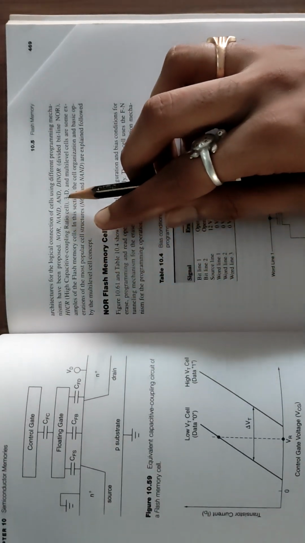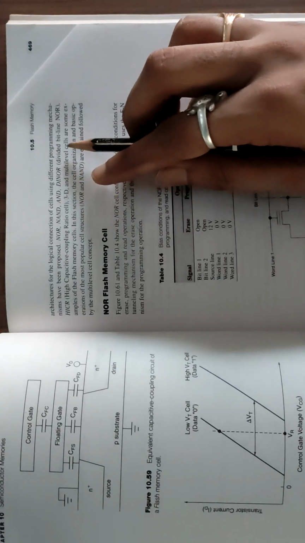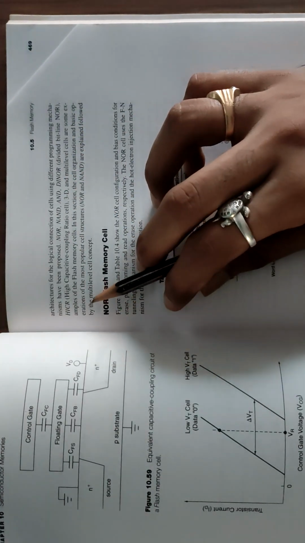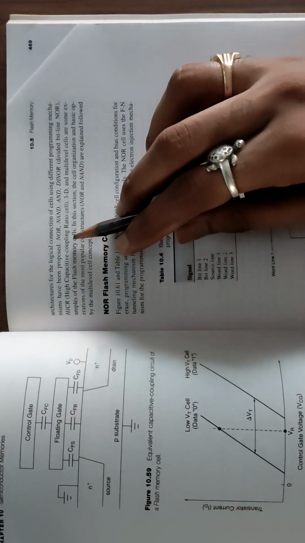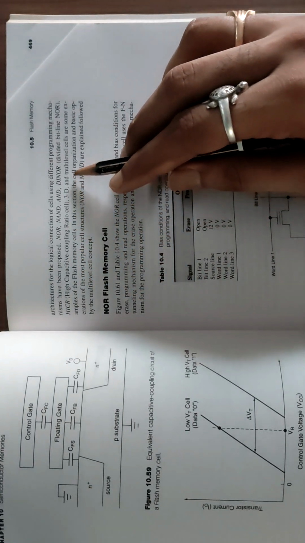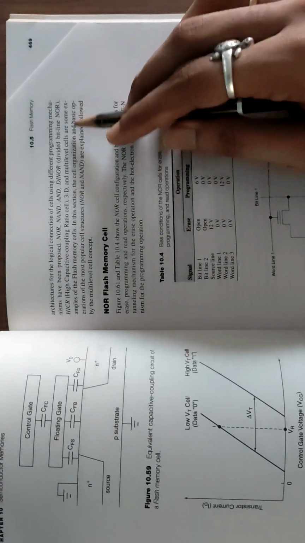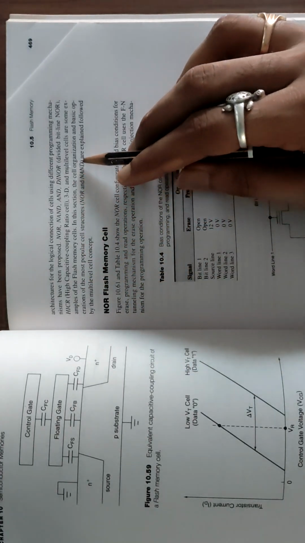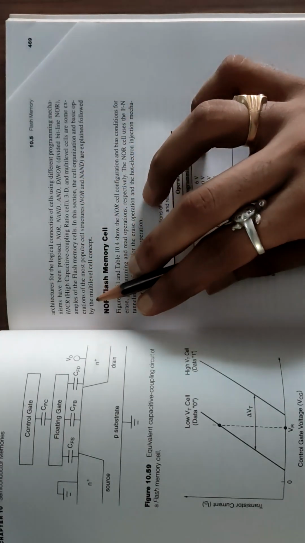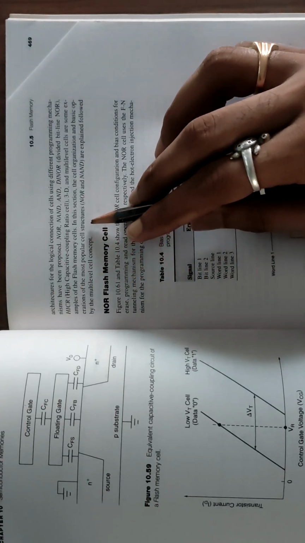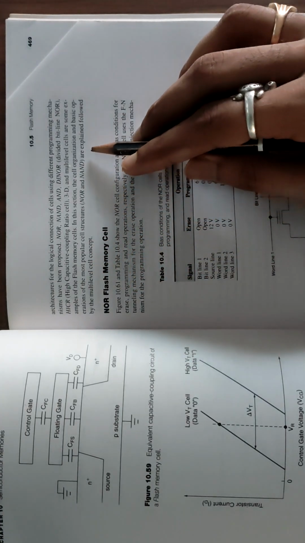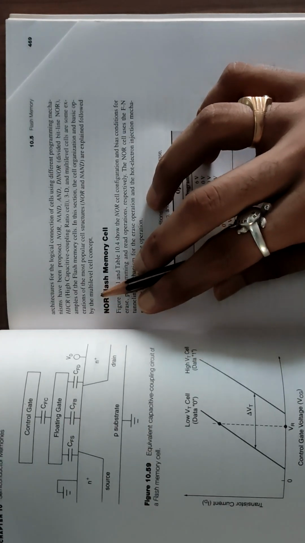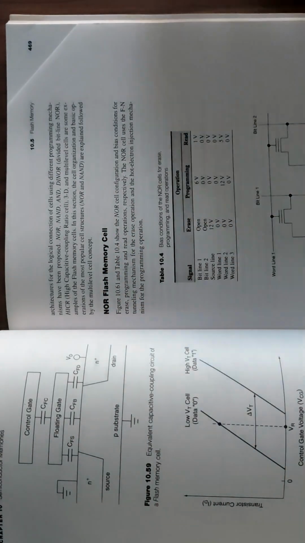NOR, NAND, DINOR (divided bit line NOR), high CR (high capacitive coupling ratio) cell, 3D and multi-level cells are some examples of flash memory cells. In this session, the cell organization and the basic operations of the most popular cell structures, NOR and NAND, are explained, followed by the multi-level cell concept. Thank you.